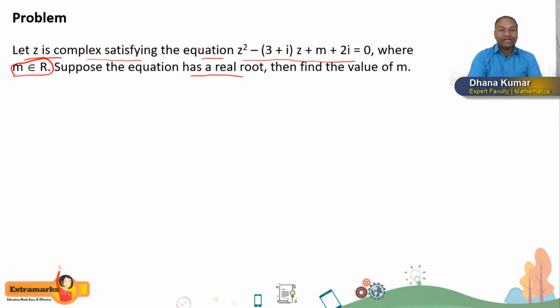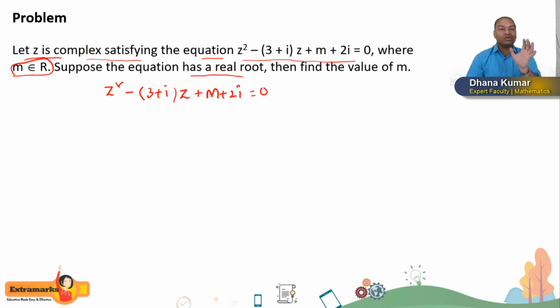See, I am writing the given equation first. Z square minus of 3 plus i into z plus m plus 2i is equal to 0. This is the given equation. For this equation has a real root.